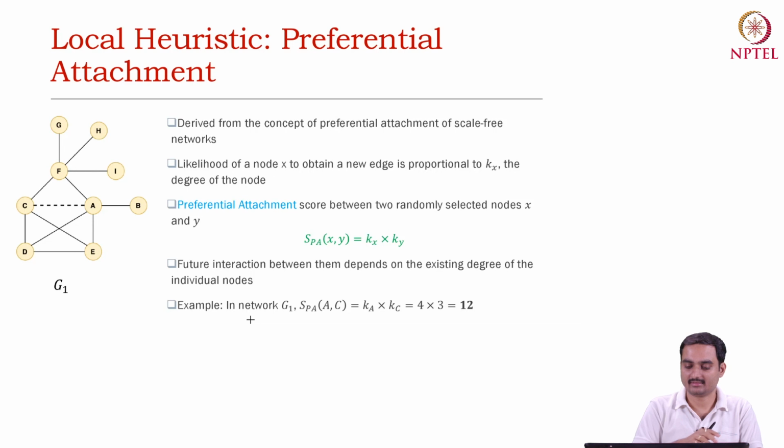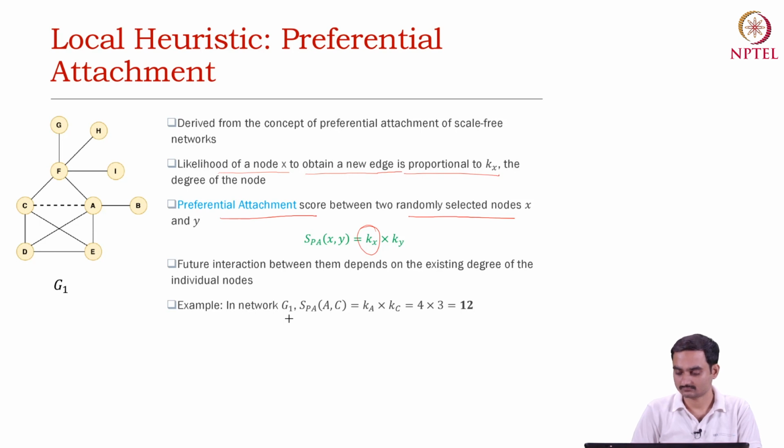So it is highly likely that both the degrees would play an important role. The likelihood of a node x to obtain a new edge is proportional to kx. This is called preferential attachment. Therefore, the preferential attachment score between two randomly selected nodes x and y is just the multiplication of their degrees, kx times ky.